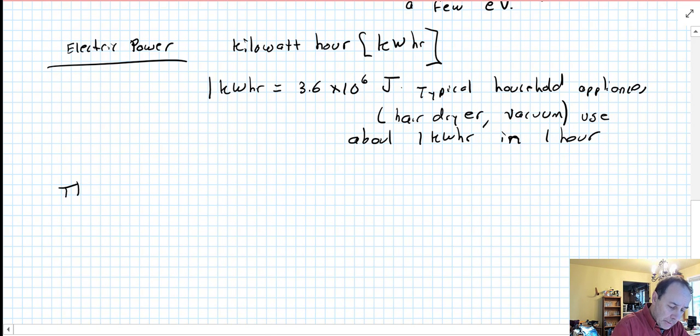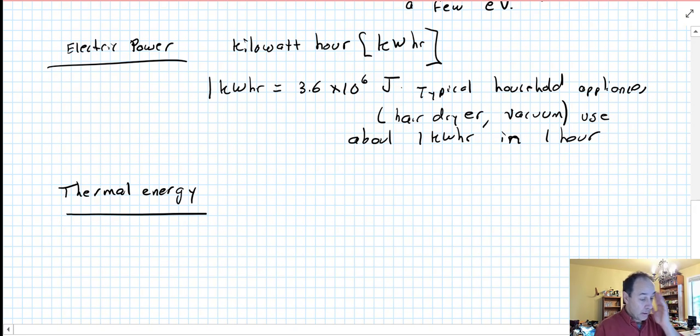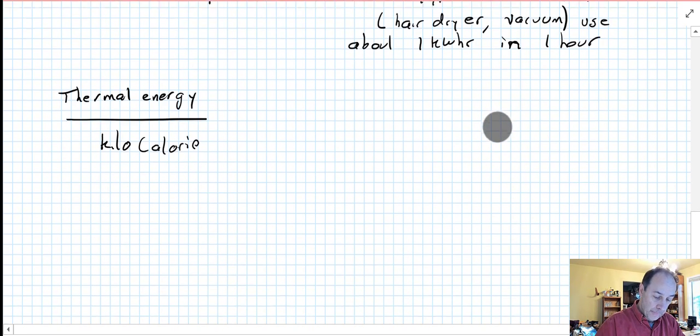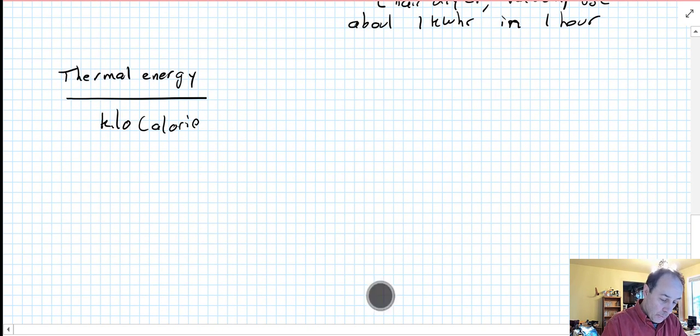Thermal energy. There are many units used for thermal energy. The two most popular are the kilocalorie, symbolized by kcal.